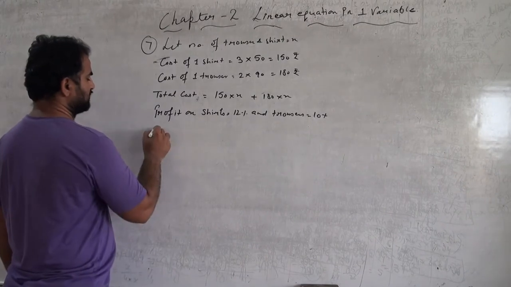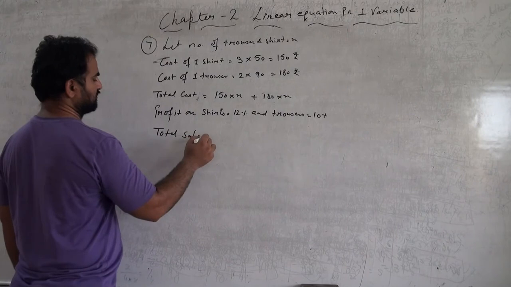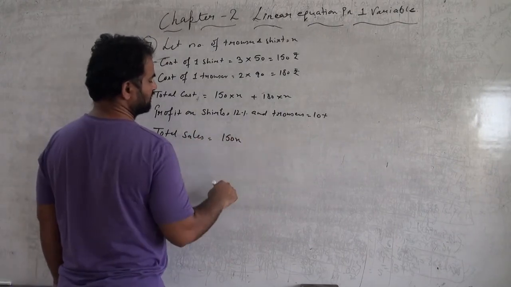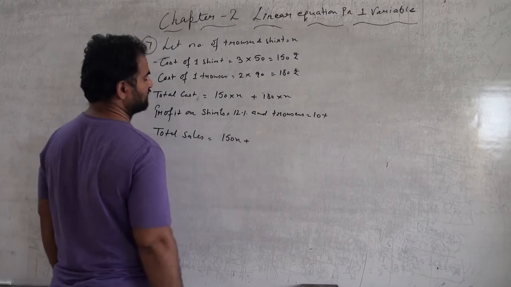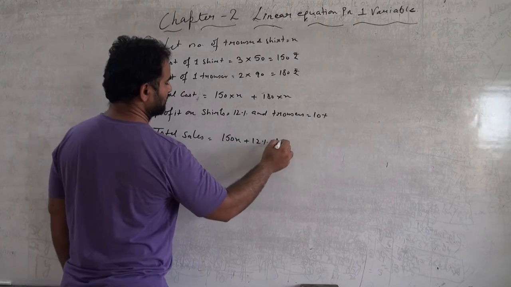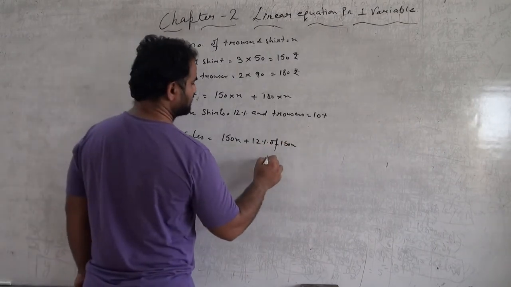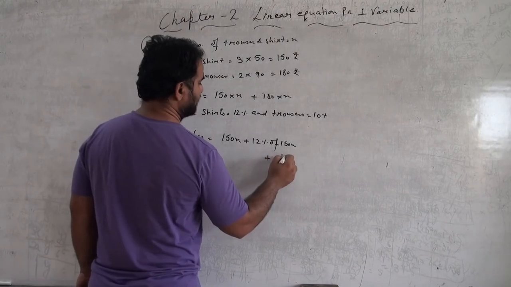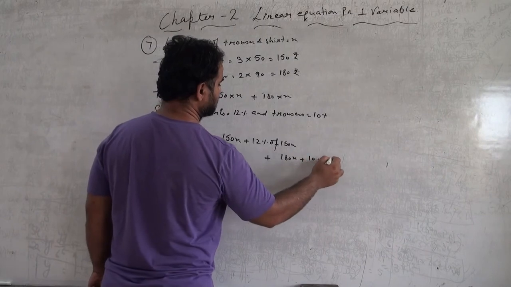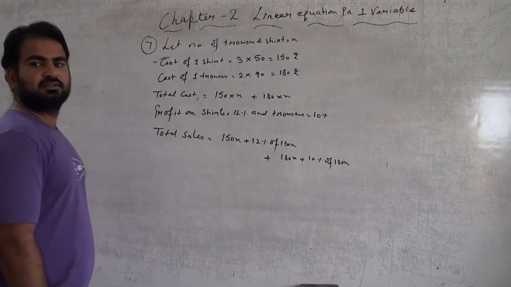Okay, so total sales will be 150x plus 12% of 150x, plus 180x plus 10% of 180x. This will be your total sales.